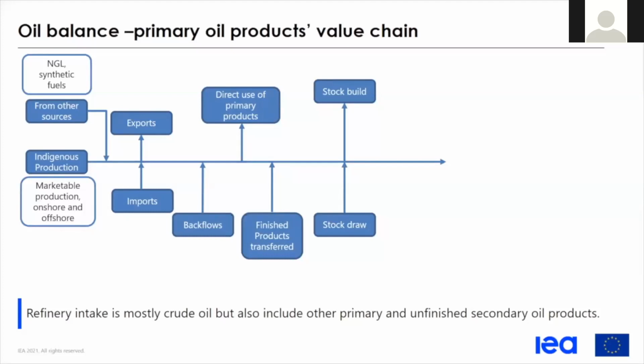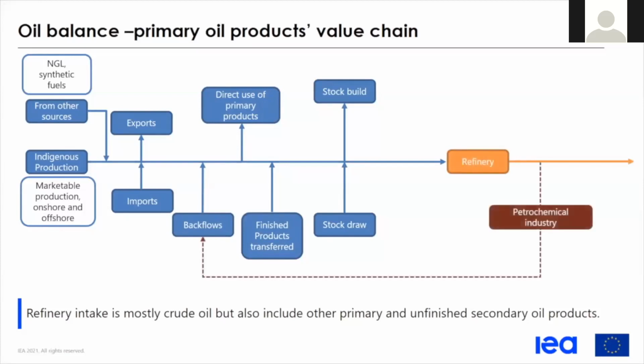And we have some byproducts and finished products that are transferred to be used as input to the refinery. Just a note on the byproducts here, it represents the feedbacks from the petrochemical industries. We will not detail more here, but this is a part of the oil statistics that can be kind of complicated if we look at it more closely.